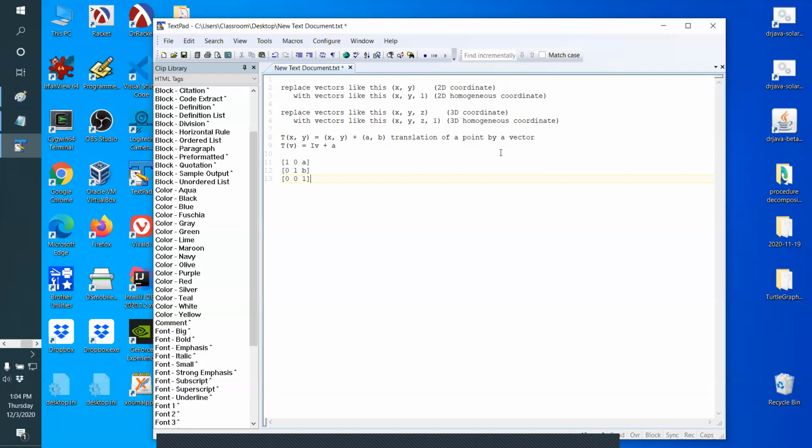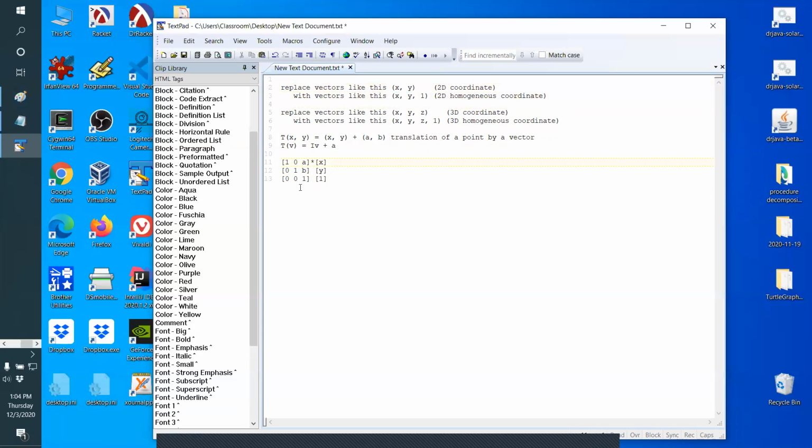There's my translation matrix. It's going to translate the vector x, y, 1. So instead of translating this 2D coordinate, I'm going to translate this 3D coordinate, using this translation matrix.